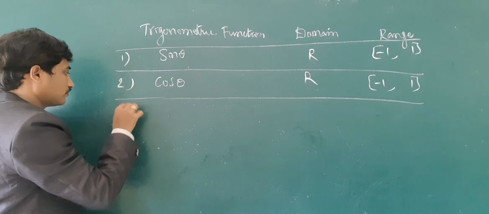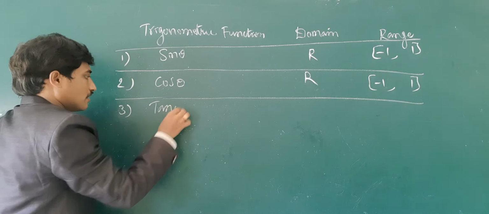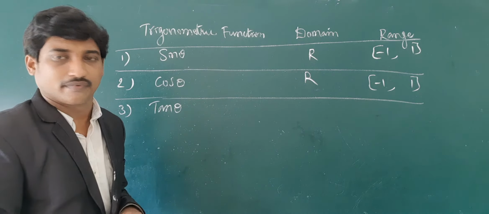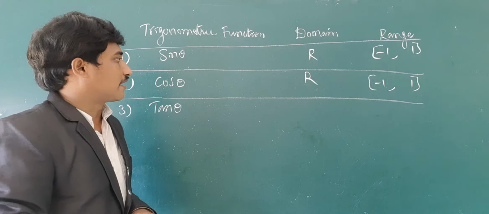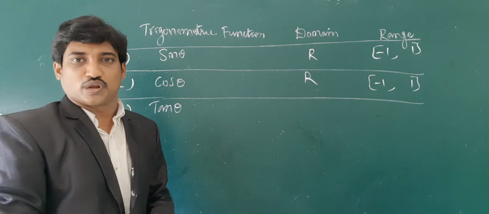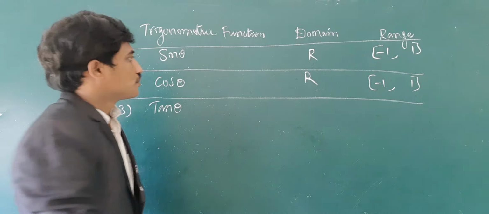Tan theta. Tan theta is not defined when theta is equal to (2n plus 1) pi by 2.